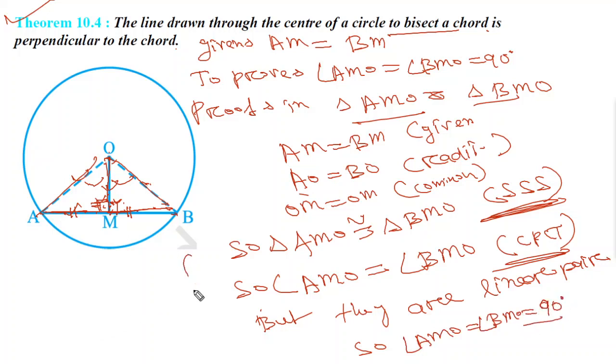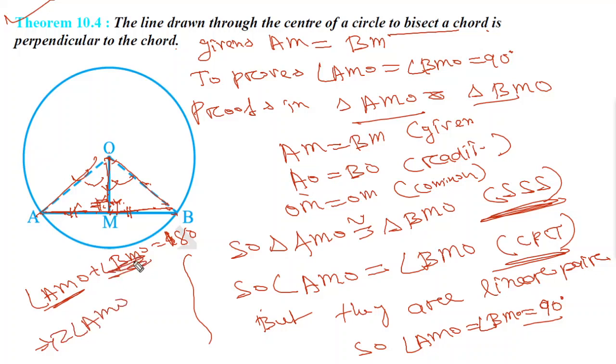Why? This is for rough. Angle AMO plus angle BMO equal to 180 degrees. Why? They are a linear pair, but it is given that AMO equal to BMO, which implies 2 into angle AMO.